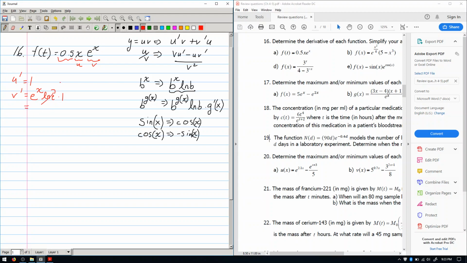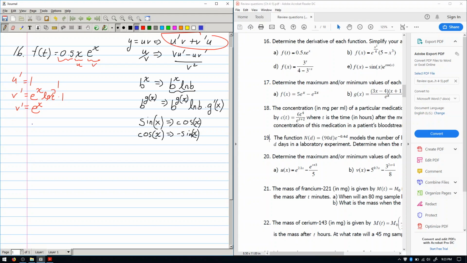You also will note that ln e itself is 1. So I've got e to the x times 1 times 1, so the derivative of e to the x is itself. That's something we learned in the note. So I've got u prime and v prime. It looks like this is a product rule, so I'll be using this.